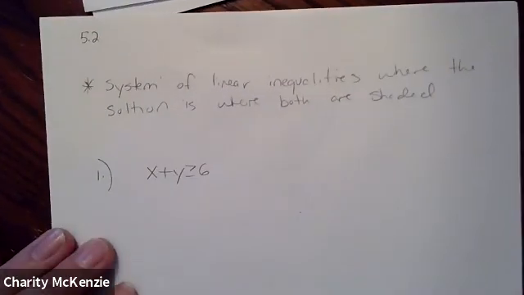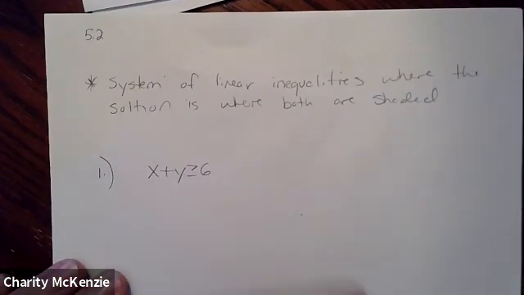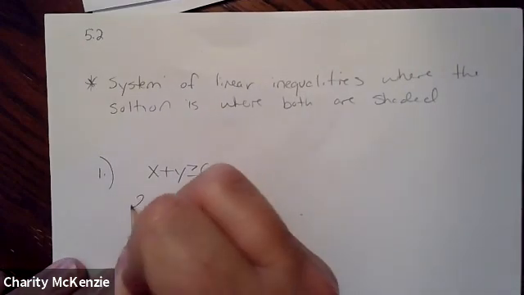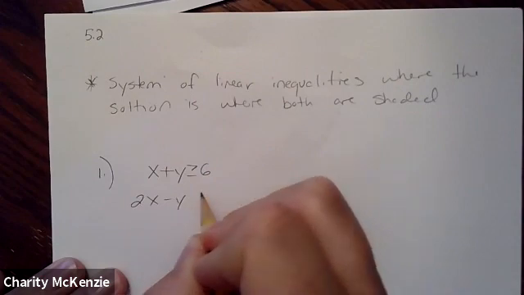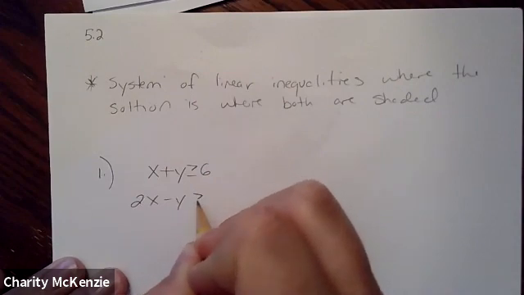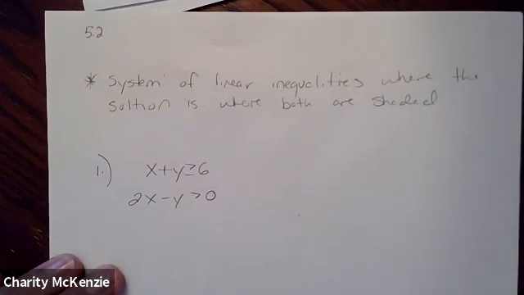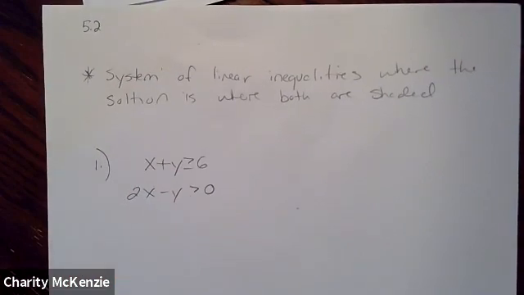Okay. So we're going to have x plus y is greater than or equal to 6, and 2x minus y is greater than 0. And so here's our two equations, and we're going to graph each one separately.